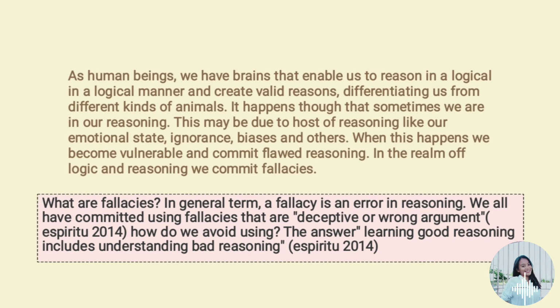When this happens, we become vulnerable and commit flawed reasoning. In the realm of logic and reasoning, we commit fallacies. So what are fallacies? In general terms, a fallacy is an error in reasoning or a faulty reasoning. We all have committed using fallacies that are deceptive or wrong arguments.